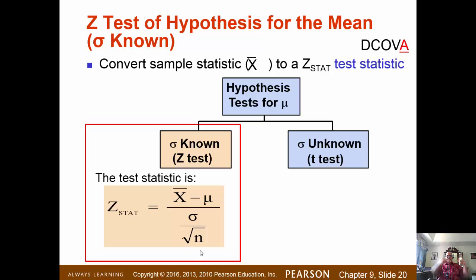If your z stat falls outside the table value, then it is far enough from the mean that you are willing to take a stand and say reject the null hypothesis. But if it is inside the critical value, then you cannot take a stand. Then you can say, I'm not going to reject the null hypothesis. Do not reject the null hypothesis is what you would conclude.